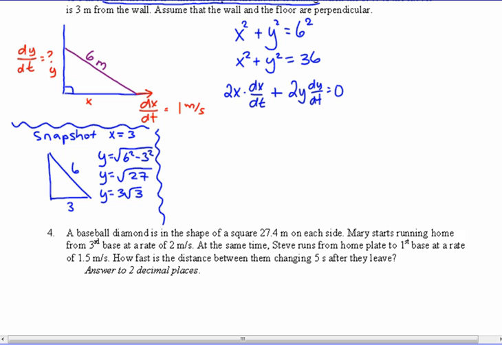So let's plug it into our equation now. 2 times, what is x at this point when we want to find our dy/dt? 3. dx/dt is 1, plus 2 times, what's our y? 3 root 3 times dy/dt equals 0.